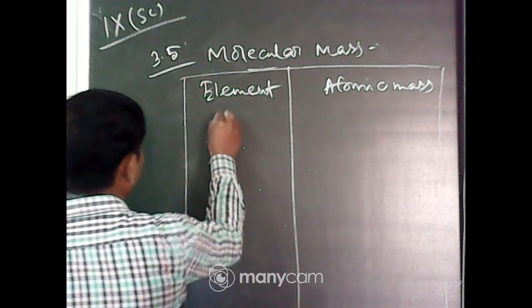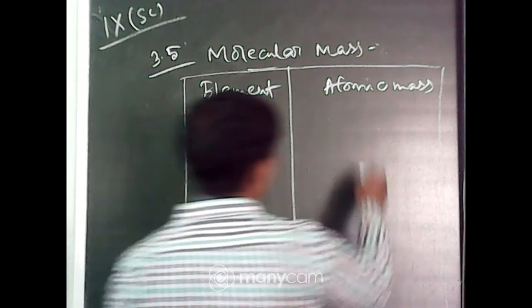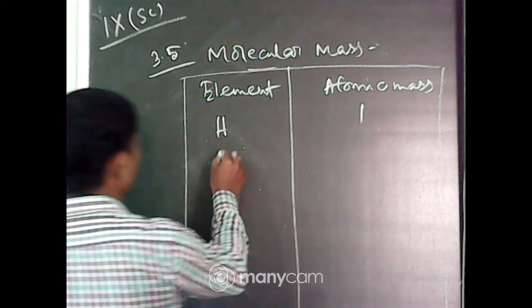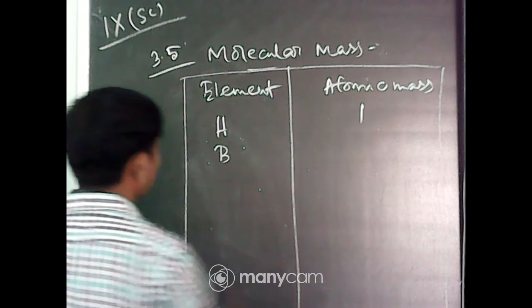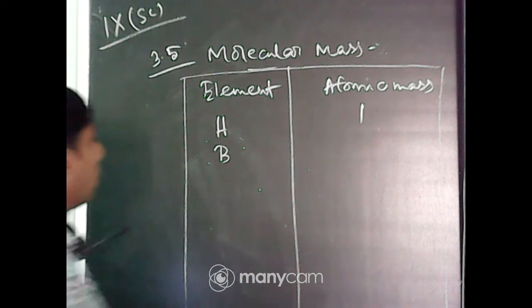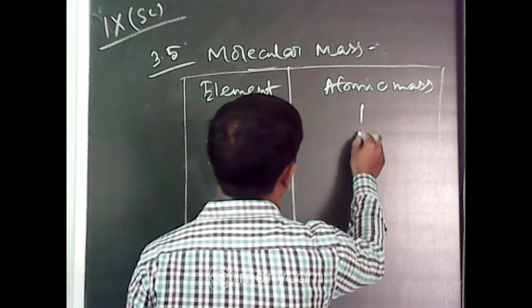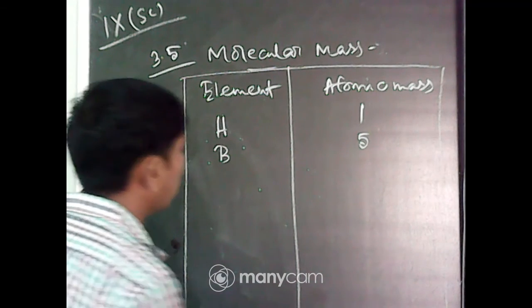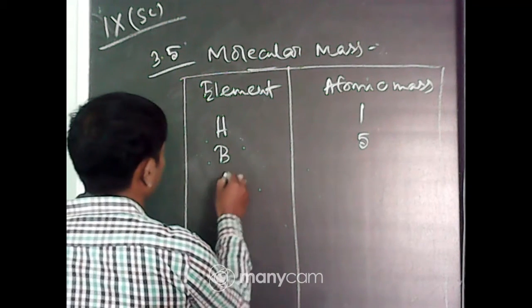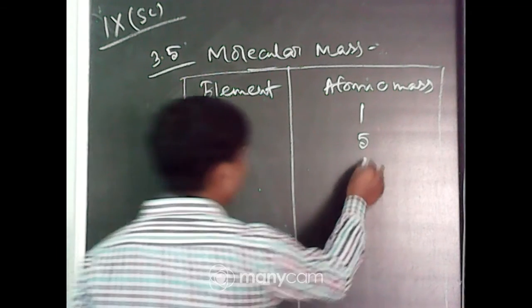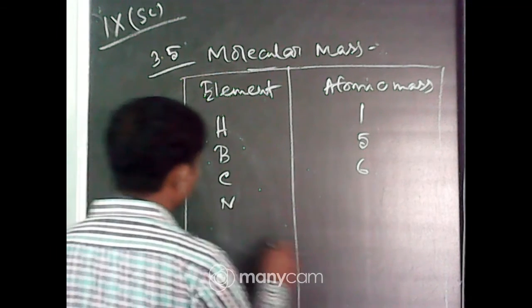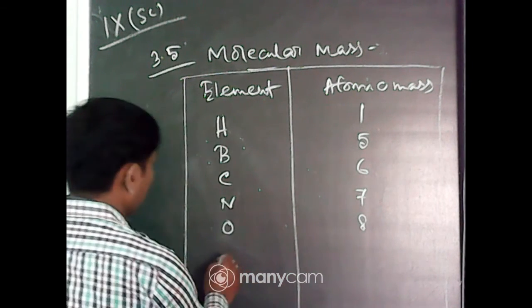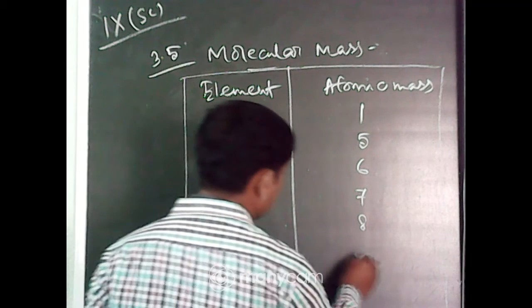Element, hydrogen, the atomic mass is 1. Then boron, 5. Carbon, 6. Nitrogen, 7. Oxygen, 8. Fluorine, 9.